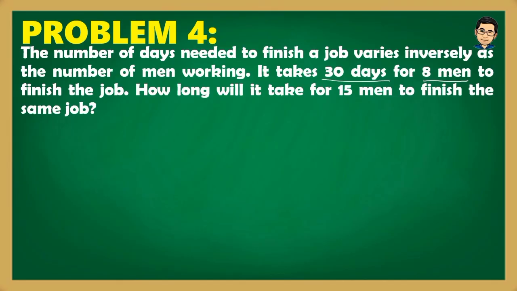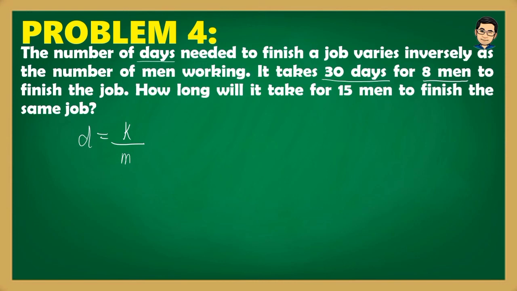So, paano natin isusulat yung equation? So, the number of days, yung days, i-denote natin as D. And then, yung constant of variation natin, K, over number of men working, so M na lang din. And then, i-substitute natin yung 30 days tsaka 8 men para makuha natin yung value ng K, yung constant of variation.